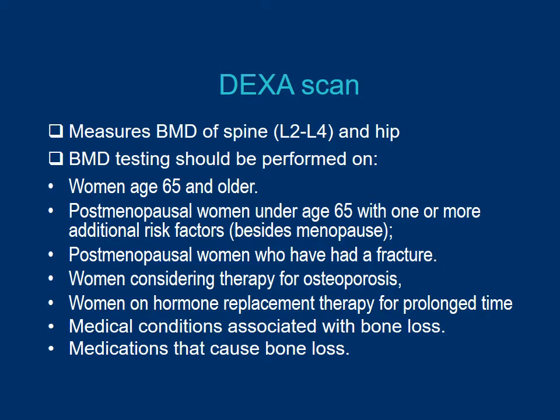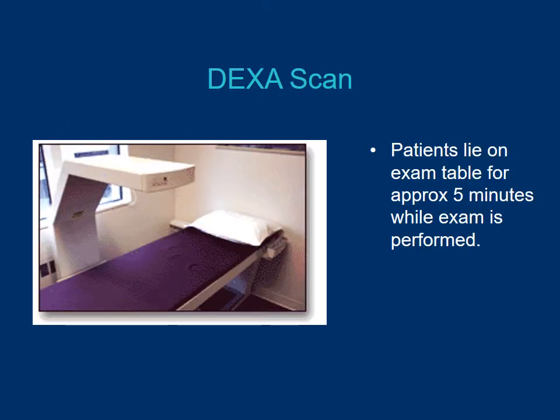So patients on corticosteroids for longer periods should be screened for osteoporosis using the DEXA. Here is the picture of the machine for performing the DEXA scan, and the patient lies on the examining table. It will take about 5 minutes to be performed.